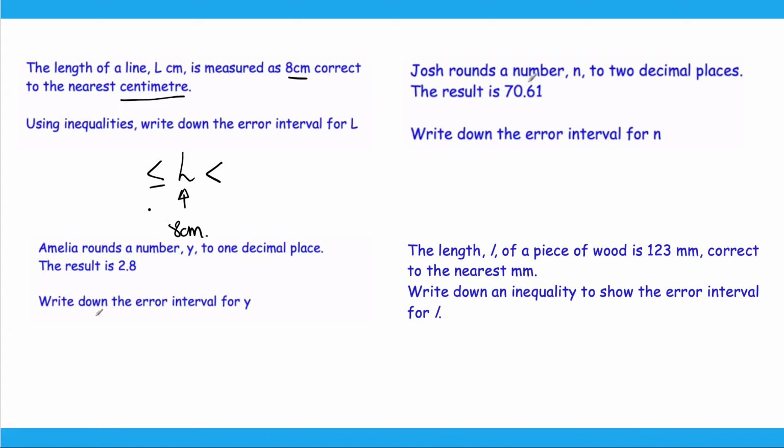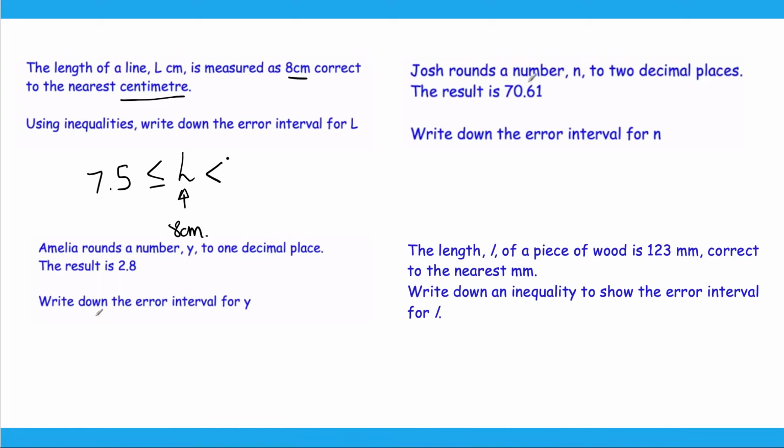What's the smallest possible number that would round to 8? It can be the same as that number or anything bigger. It would be 7.5, because 7.5 would round to 8, and anything above it but below 8 would round to 8. So what would be the upper bound?